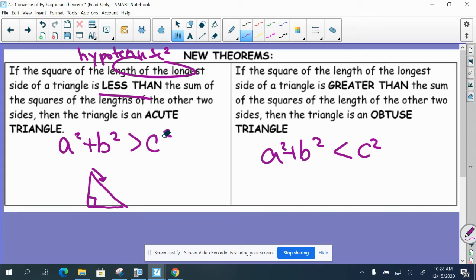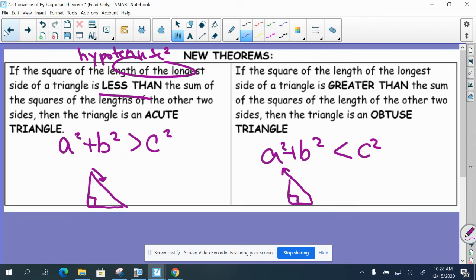So therefore c squared is less than. So c squared would become smaller. However, if you've got another right triangle, and if you want to make this right angle bigger than 90 degrees, which would make it obtuse, then the hypotenuse is going to get bigger. So the bigger the hypotenuse, the greater the opposite angle will be, making it obtuse.